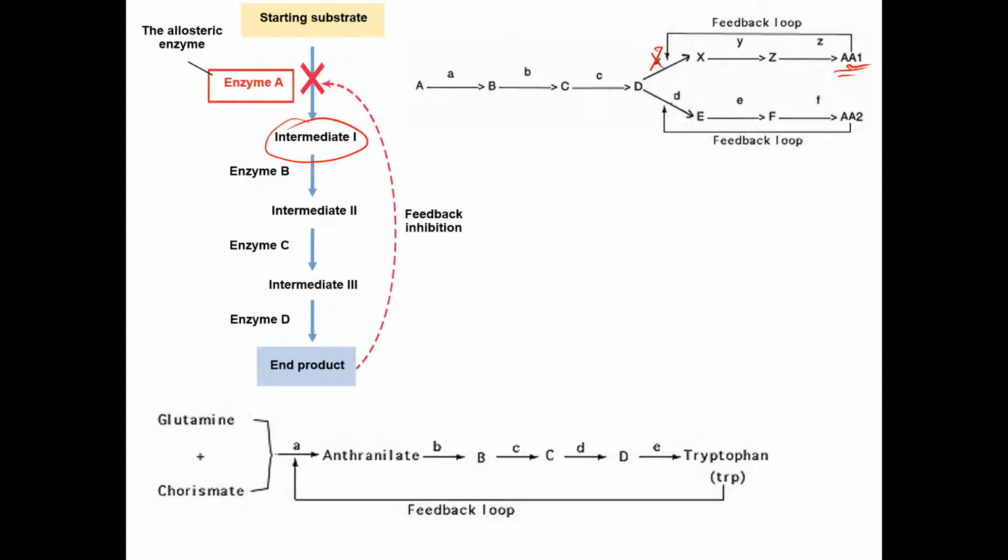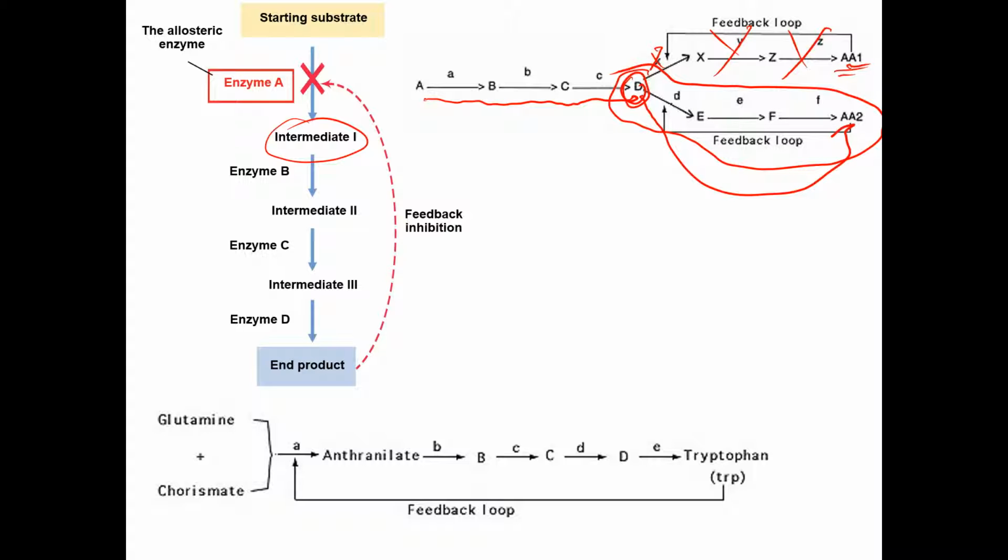Well, what does that mean? That means that this pathway is shut down and this process is shut down. But this pathway is still going on. So product D is diverted into making this final product, while this side up top is turned off.